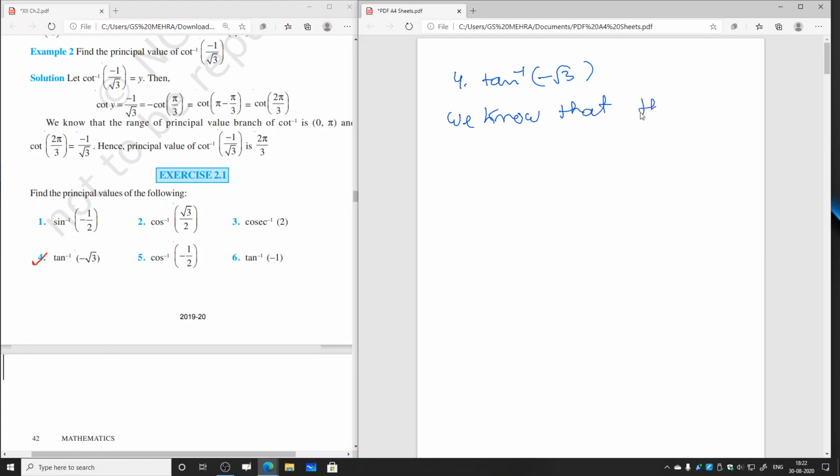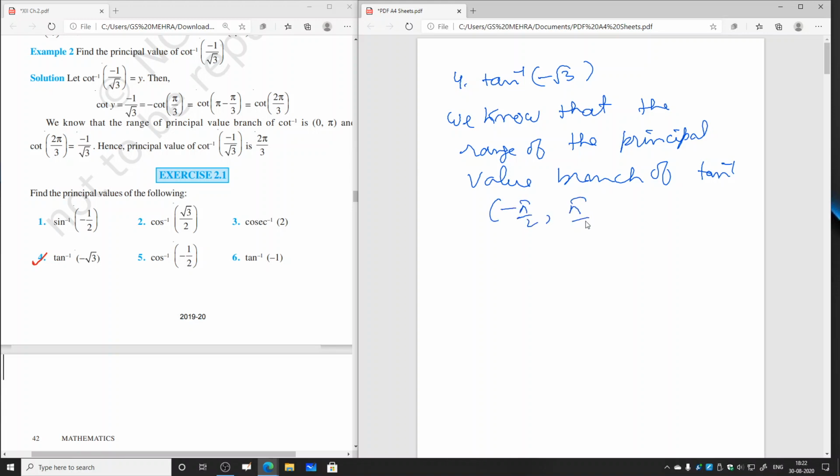We know that the range of the principal value branch of tan inverse is the open interval minus pi by 2 to pi by 2.